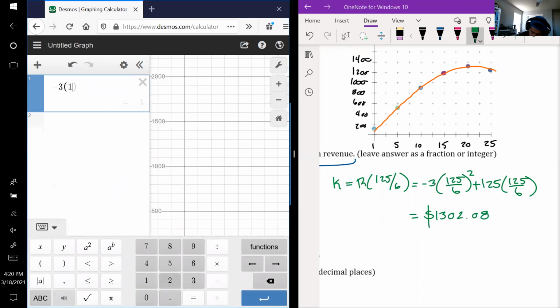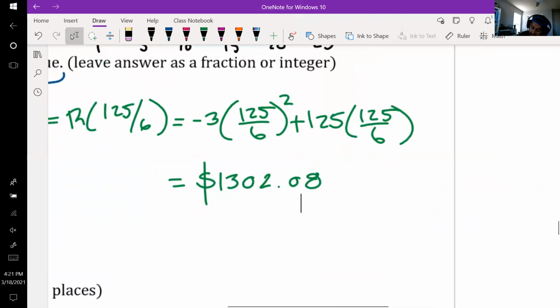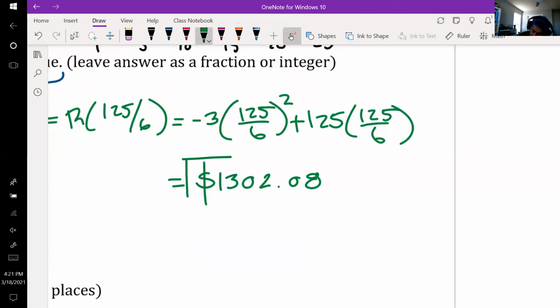Negative 3 times 125 over 6 squared plus 125 times 125 over 6. Yep, we are good. And what this number is considered is the maximum revenue.